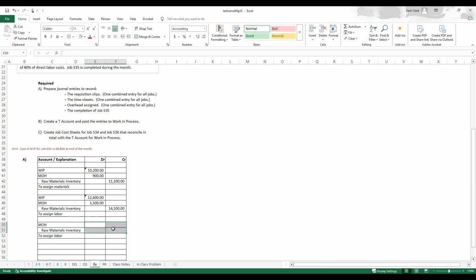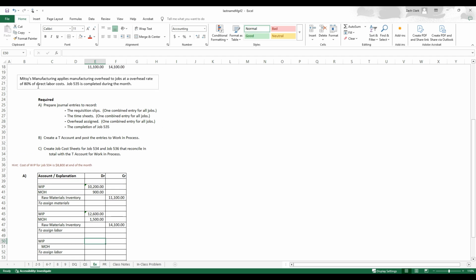And I'm going to just delete the formulas because it's a little different for this one. So we are allocating into WIP again, with overhead being the credit in this instance. WIP is what we've put in through the predetermined allocation rate that we said, 80% of direct labor costs, right?